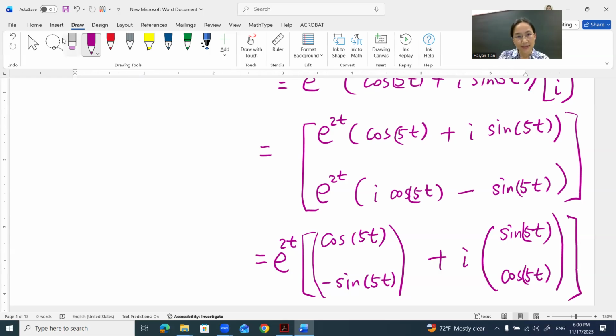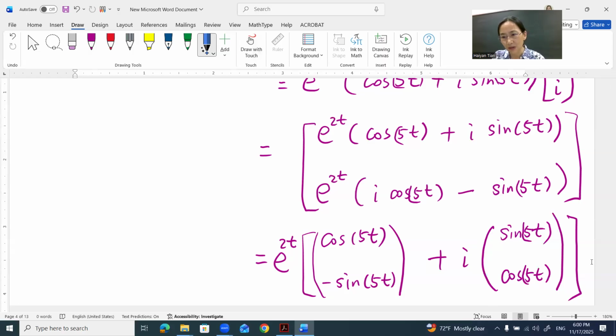So now we can see the solution has two parts. e to the 2t times this, that's the real part. The imaginary part is e to the 2t times this quantity. So we have real and imaginary.